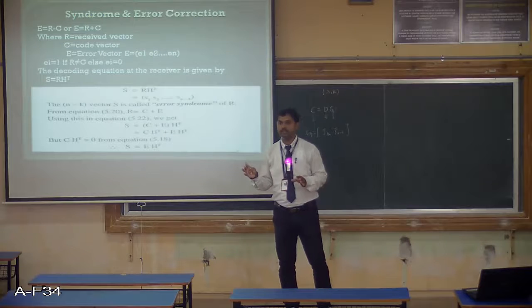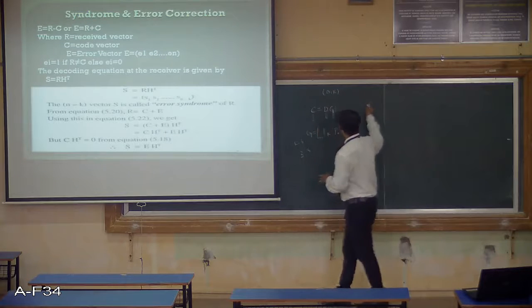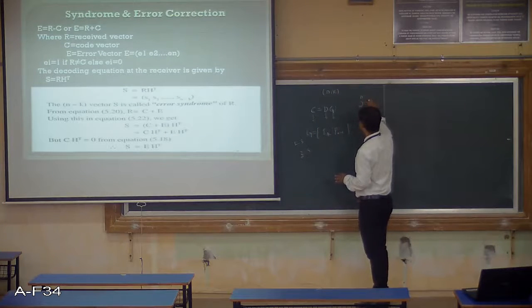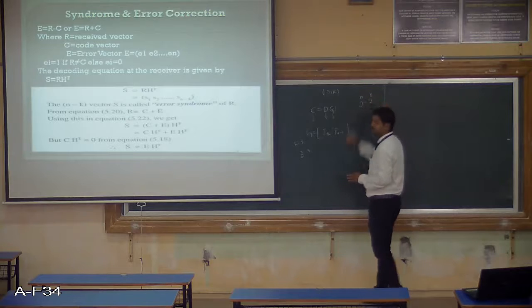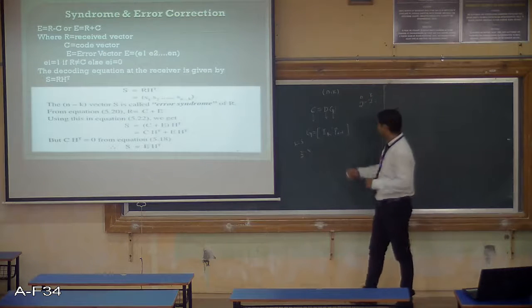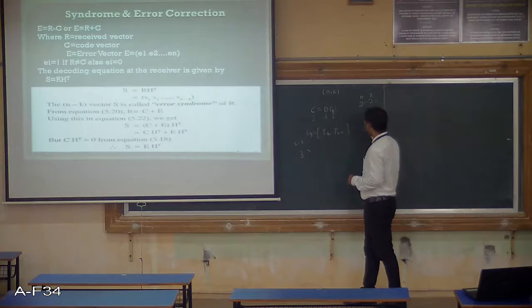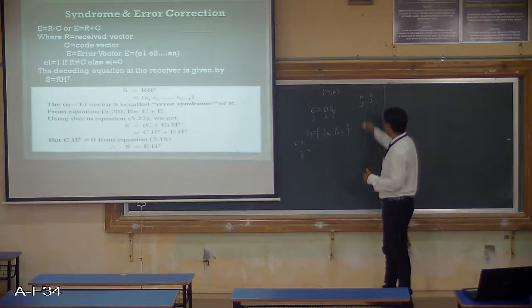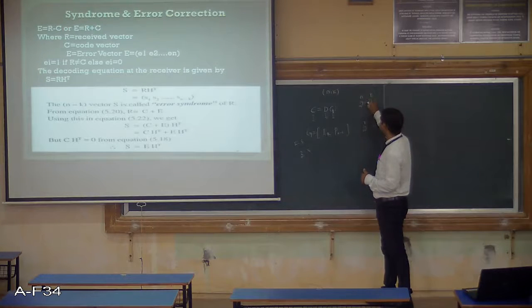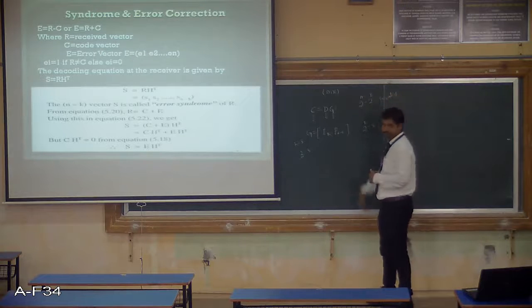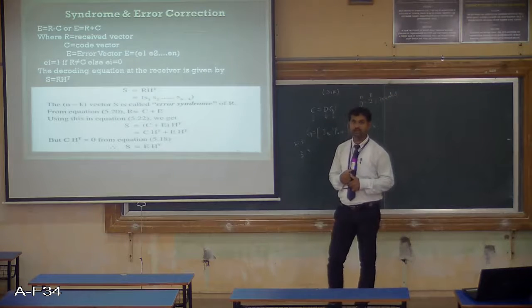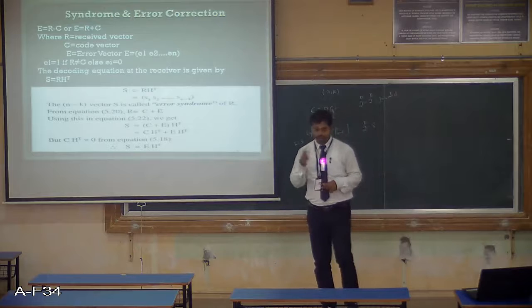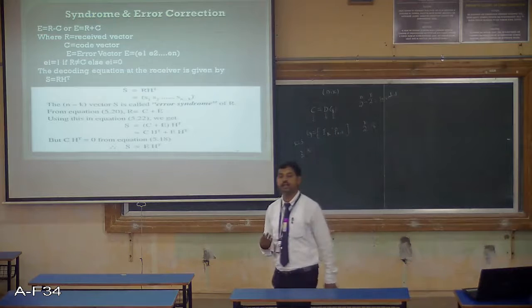So the valid code vectors are 2 to the power of k, that is only 8 in case k is 3, and the remaining, 2 to the power of n minus 2 to the power of k, are invalid code vectors.